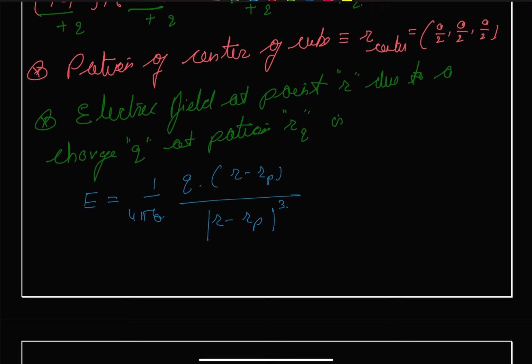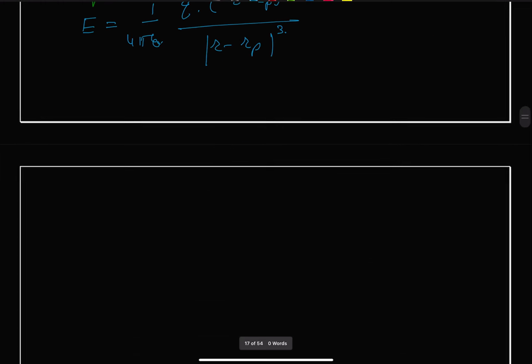And instead of calculating for 8 vectors, because this cube is symmetric and the center point is symmetric, we can use the symmetry in order to find out the value of this R as well as our RP.